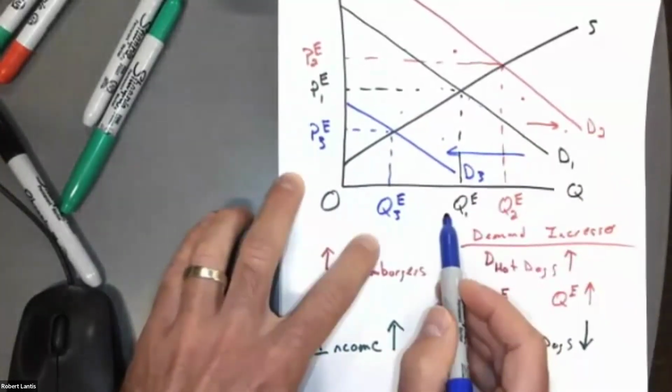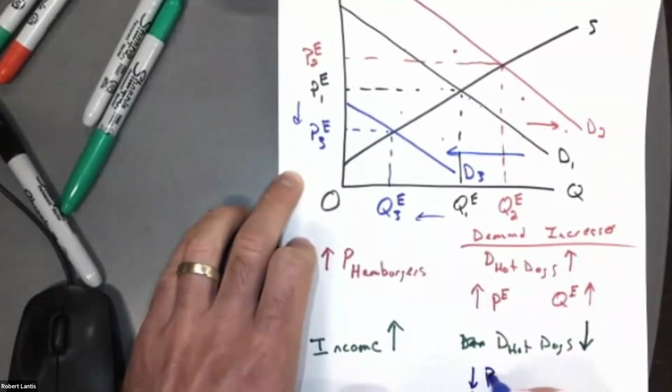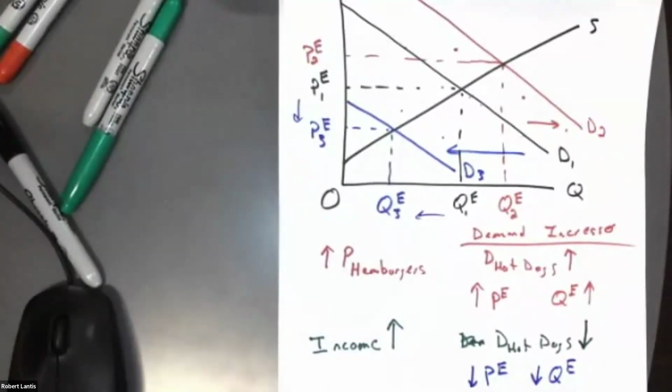Well, now that's going to cause my equilibrium quantity and price to both fall. Okay. So demand increases will increase both the equilibrium price and quantity. Demand decreases will decrease both the equilibrium price and quantity.